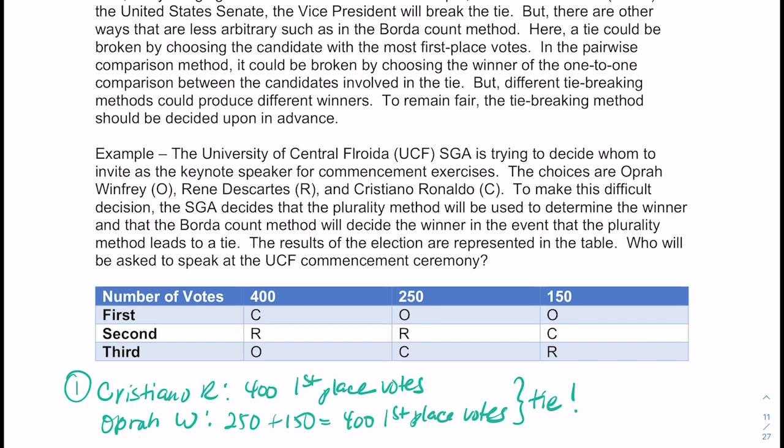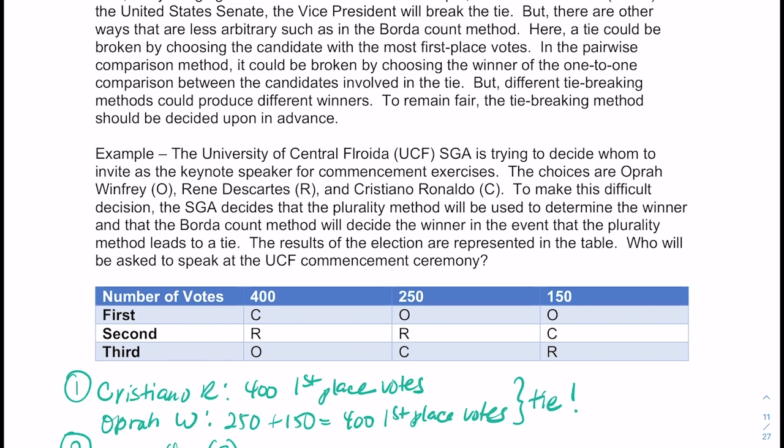Okay, so we just used the plurality method, but because there's a tie, we had determined before the election that we would use the Borda count method. So remember, the Borda count method involves ranking and then quantifying by assigning points to the ranks. Okay, so here's our tiebreaker. We're going to first take Cristiano, and remember that he has 400 first place votes, so we're going to multiply that by 3, because there are 3 different candidates, 3 different rankings: first, second, or third.